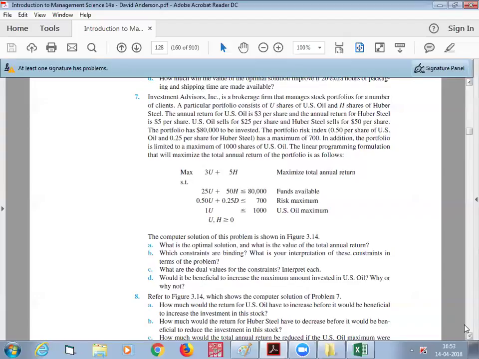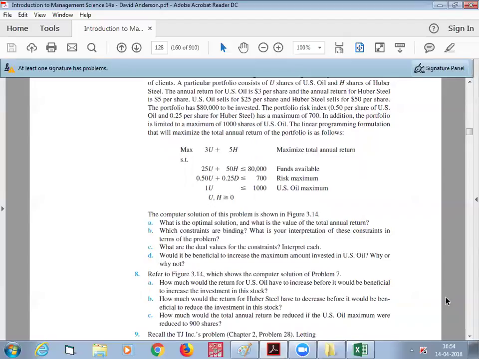For risk, 0.5u plus 0.25h, the risk indices, less than or equal to 700. The last constraint is a maximum of 1,000 shares of US Oil, so u less than or equal to 1,000. Of course, u and h are non-negative. And they've kindly solved the problem for us in the figure.